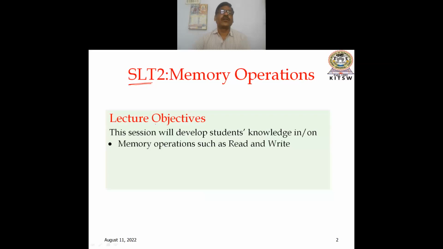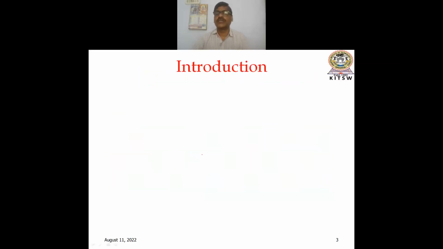The objective of this self-learning topic is that this session will develop the students' knowledge in memory operations such as read and write operations. These are the two important operations that we are going to discuss in this particular self-learning topic.